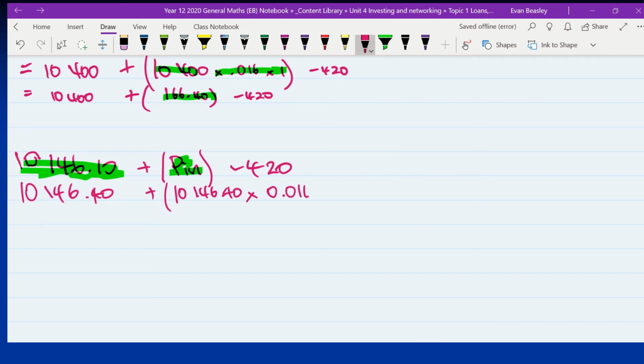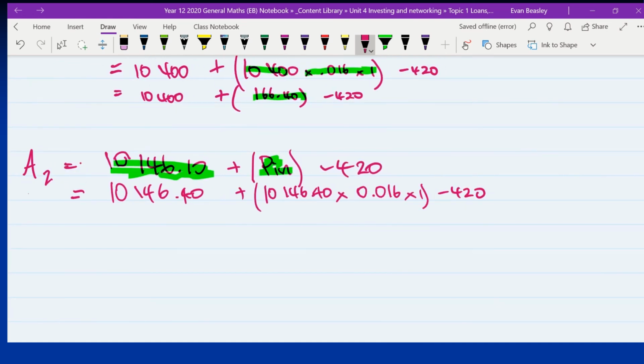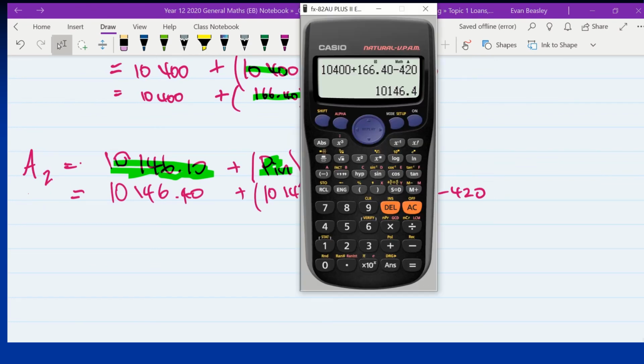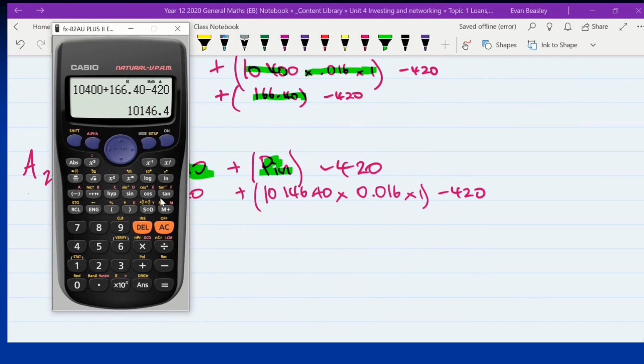Now, remember the interest was 6.4% per annum, so that's 1.6% per compound. We're just doing it for one compound and then for 420. We're just doing the interest calculation at the moment, so it's 10,146 and 40 cents multiplied by 0.016.